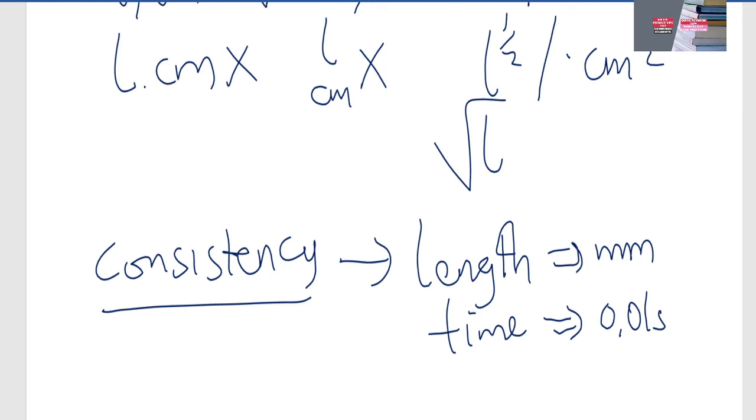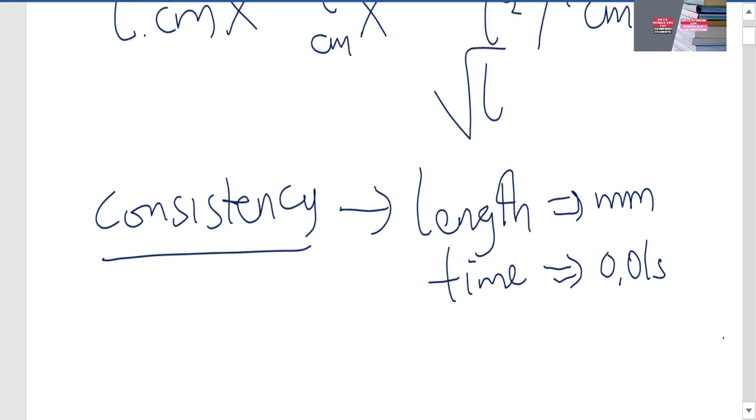Then we move on to SF. Now SF, we are looking at the same thing as in the first video. That is, calculated values should be stated to the same number of SF as the measured values.